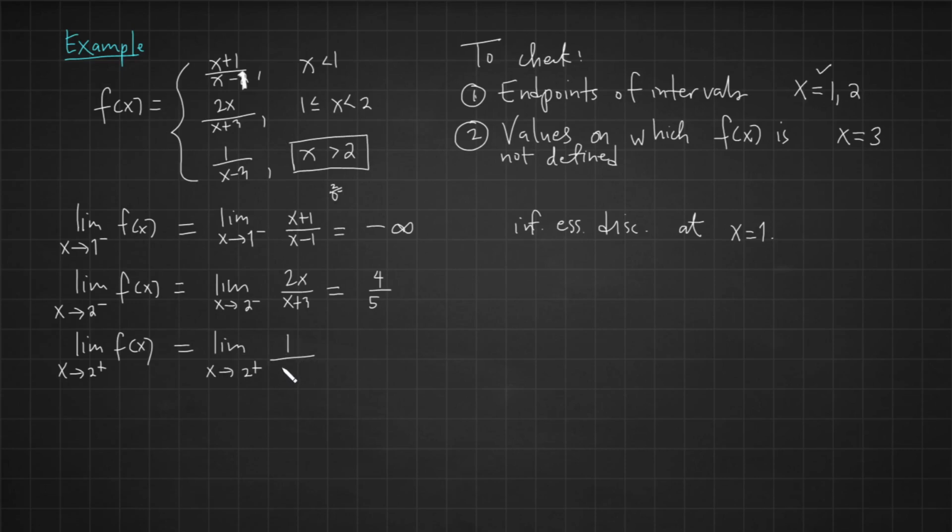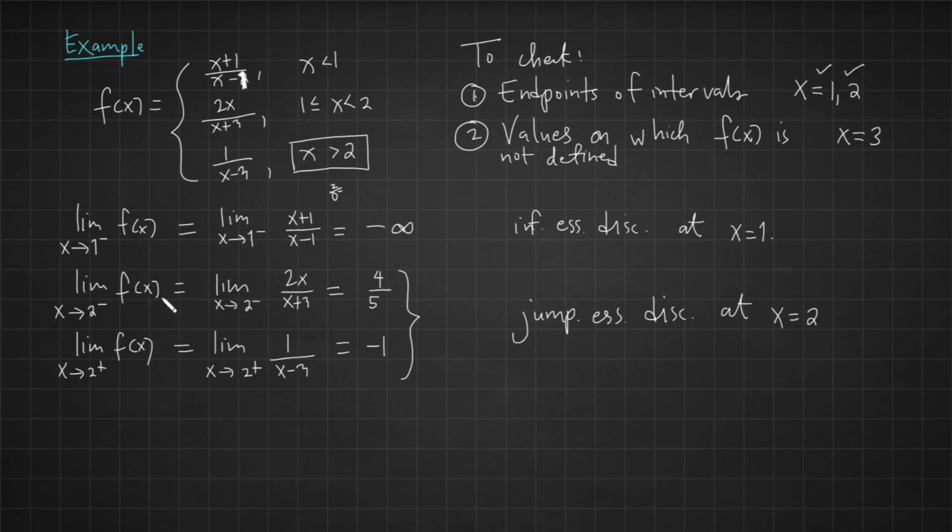Okay, we're using the function 1 over x minus 3. And this is equal to, we're just using substitution here. Katulad dito, nag-substitute lang tayo ng x equals 2. And here we have negative 1. Okay, so magkaiba yung limit sa kaliwa ng 2 at sa kanan ng 2. Therefore, meron tayong jump essential discontinuity at x equals 2. Okay, so we're done with 2.